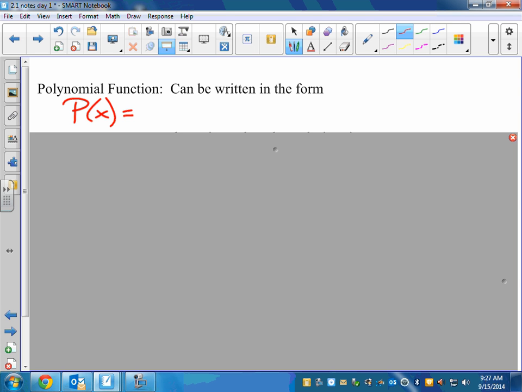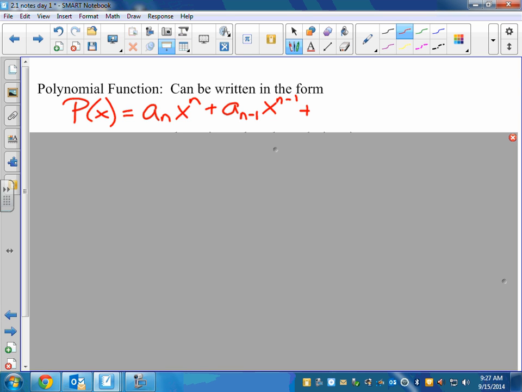So if I'm writing a general form, I could say a sub n, x to the n, where a is just the leading coefficient, plus a sub n minus 1, x to the n minus 1. I know it's scary, right?